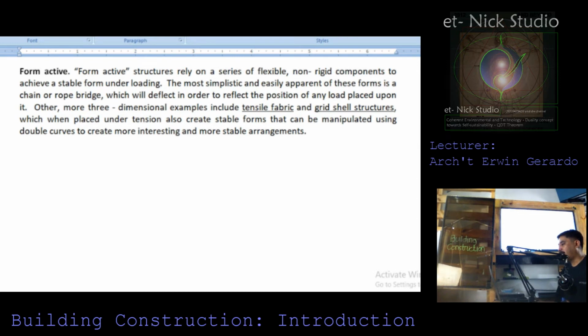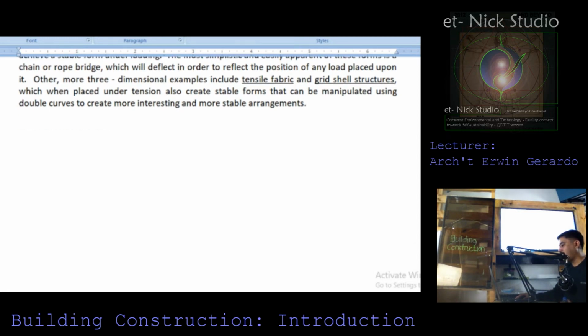Other, more three-dimensional examples include the tensile fabric and the grid shell structures, which when placed under tension also create stable forms that can be manipulated using double curves to create more interesting and more stable arrangements.